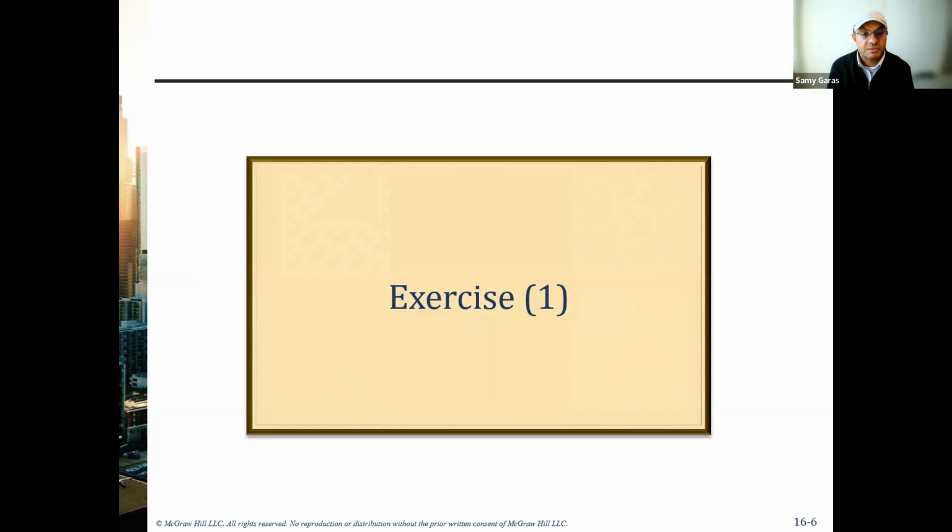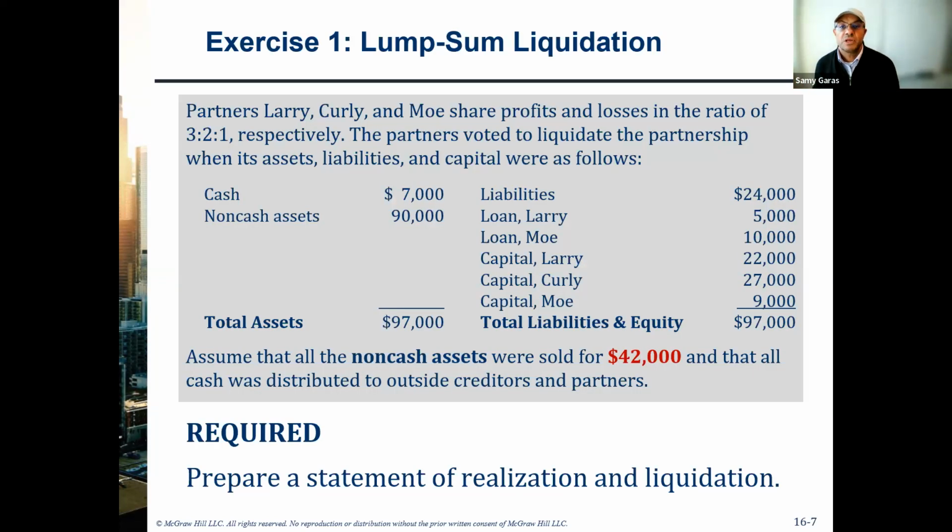I know life becomes easier when we get an example. So here is an example. We have a company that has 3 partners, Larry, Curly, and Mo. They share profit and loss in the ratio of 3 to 2 to 1, and they decided to liquidate the company. As you can see in their balance sheet here, we have cash and non-cash.